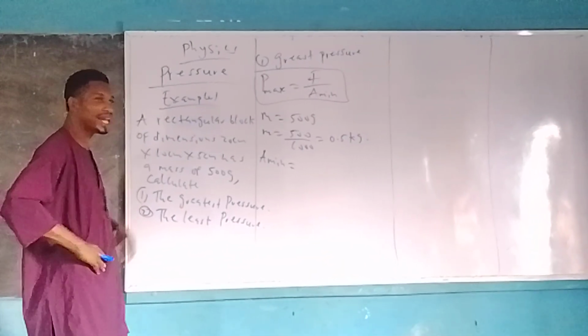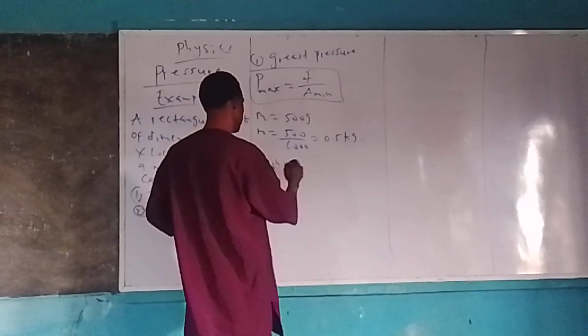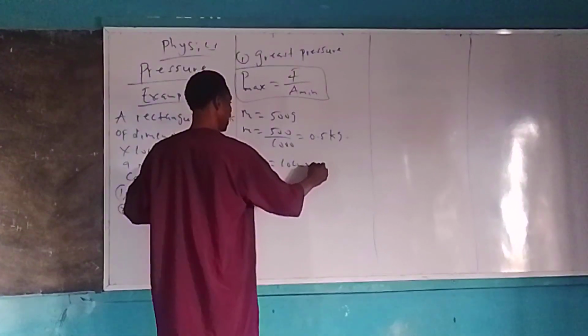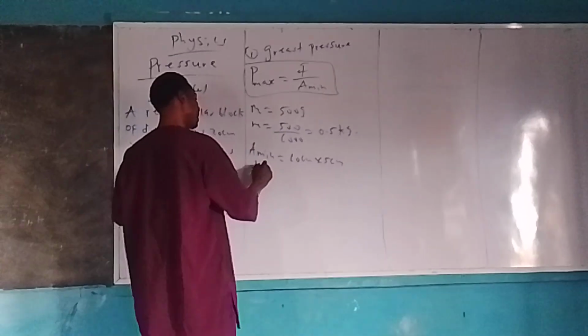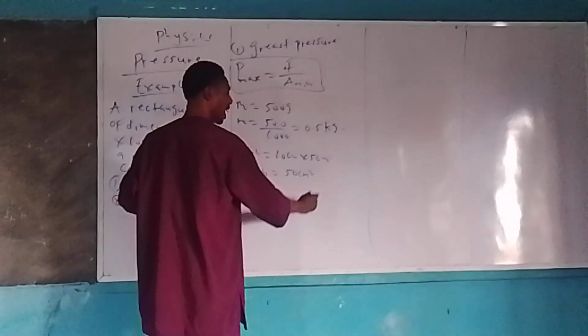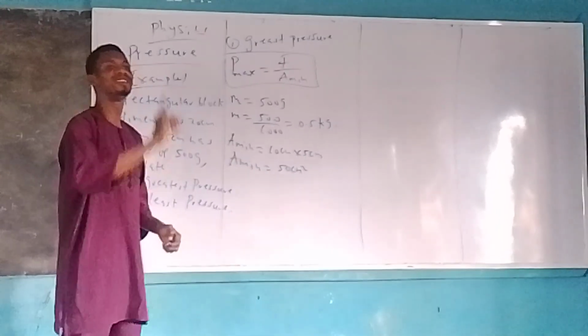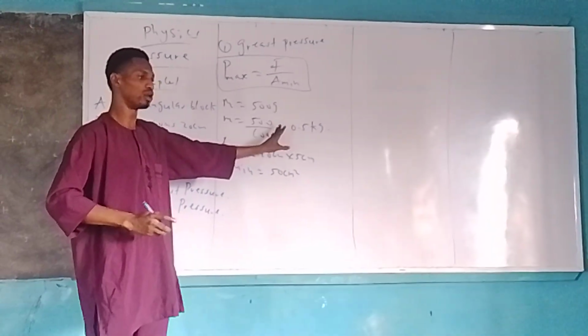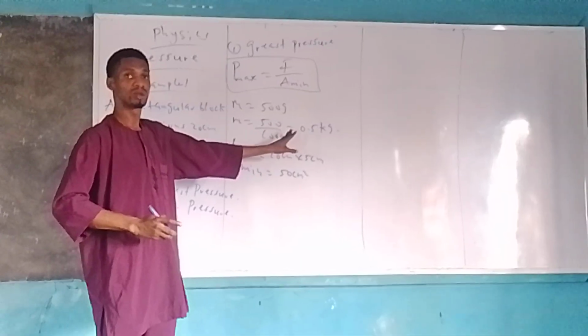Exactly. So in that case, we pick 10 centimeter times 5 centimeter. So the minimum area is 50 centimeter square. Please take notes. If you use 50 centimeter square in this case, you score 0. Why?